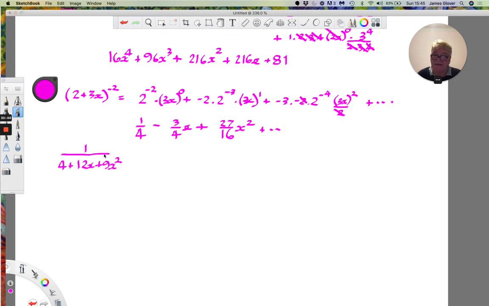And the Vedic maths system has a really neat way of carrying out this division. And in the video on division, I'll show you how to do that. So we have looked at this method of doing a binomial expansion, and you should have a go at some yourself and try it out.